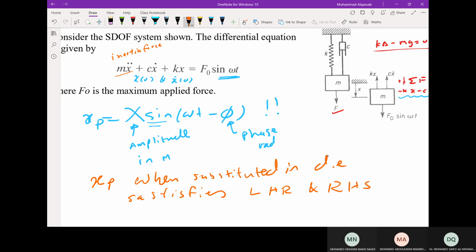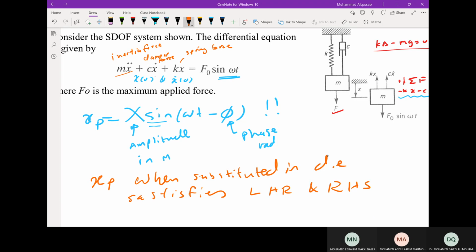And c x dot is the damper force. Okay, and kx is the spring force. And of course, F naught sine omega t is the applied force. So the inertia force contains the acceleration, the damper force the velocity, and the spring force the displacement.